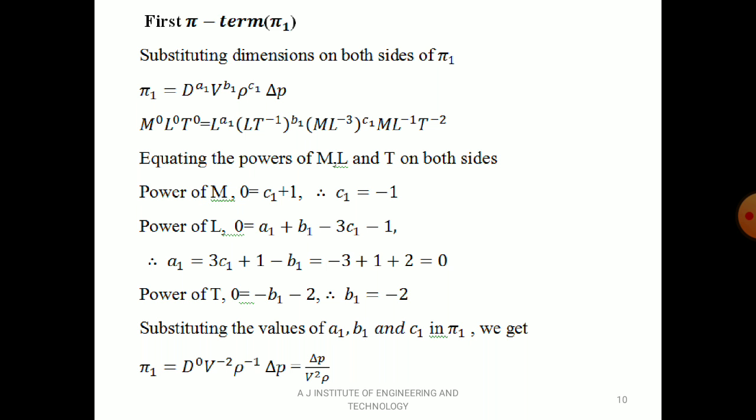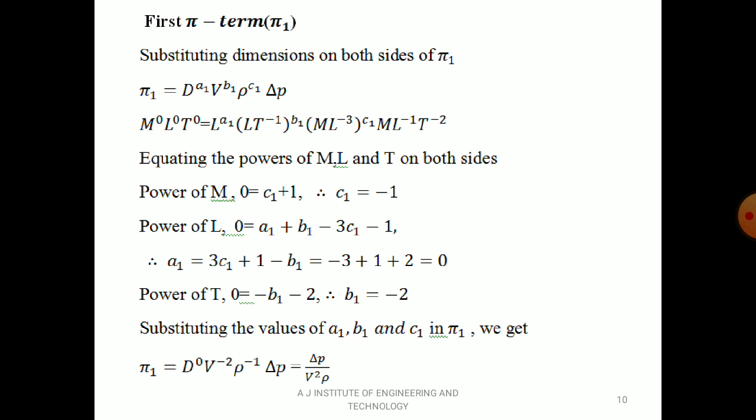So the expression becomes M to the power 0 L to the power 0 T to the power 0 equal to L to the power a1 into L T to the power minus 1 to the power b1 into M L to the power minus 3 to the power c1 into M L to the power minus 1 T to the power minus 2. Now the next step is equating the powers of M, L and T on both sides. Equating the power of M first: M to the power 0 on the left hand side and M to the power c1, M to the power 1 on the right hand side.